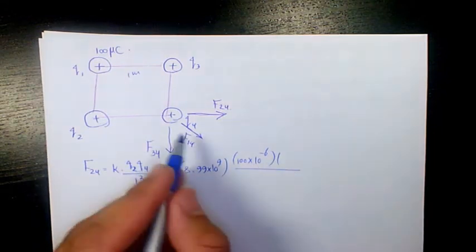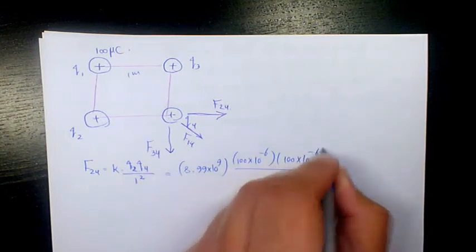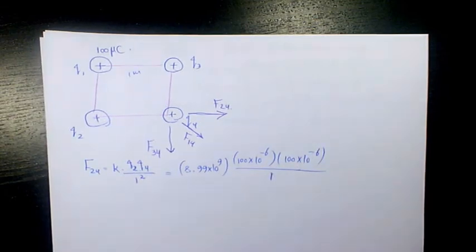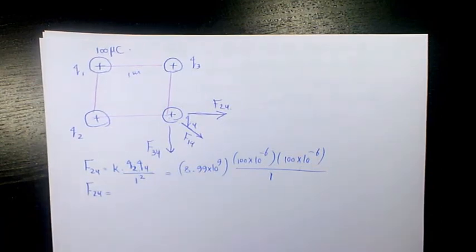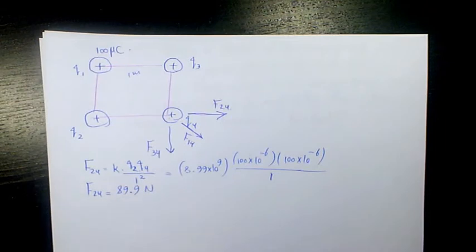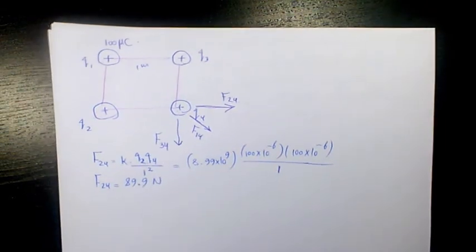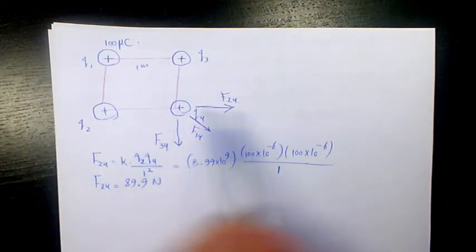And Q4 is 100 microcoulomb, so 100 times 10 to the power of negative 6, divided by 1. So that will be 89.9 Newton. And that's going to be in the X direction.